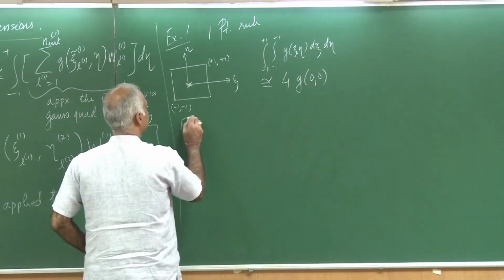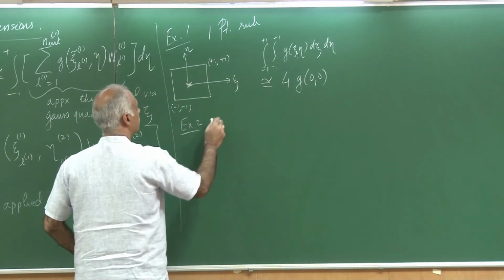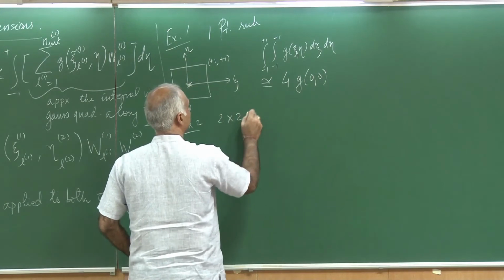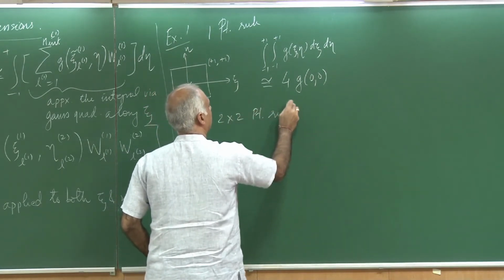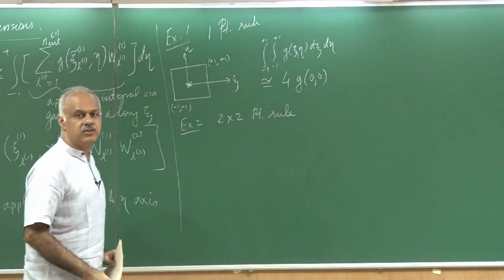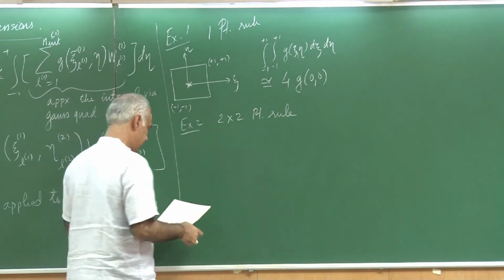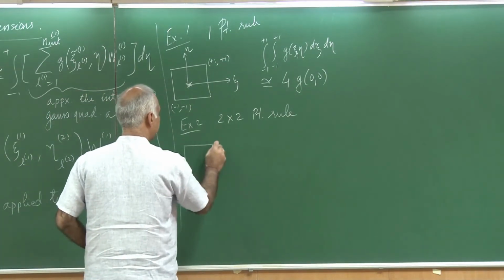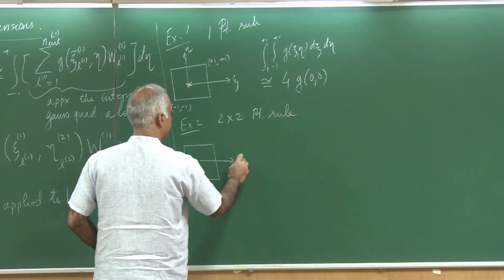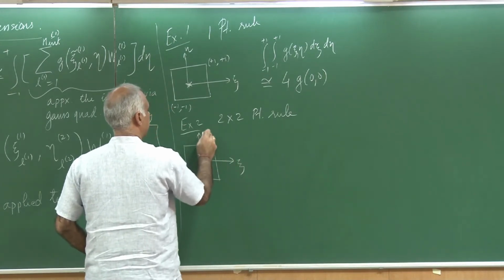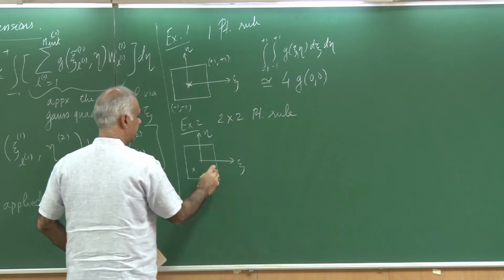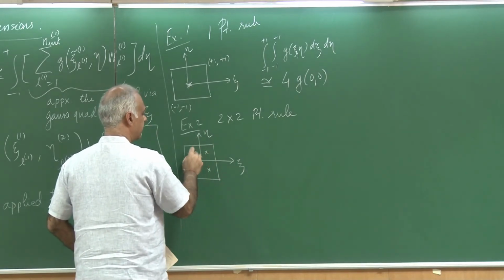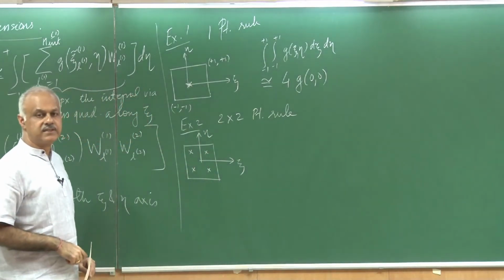So let me just give you the example of a 2 by 2 point rule, which means I will apply 2 quadrature points in each direction. So let me again draw the diagram. So this is xi and eta, and a 2-point rule would give me these 4 quadrature points.